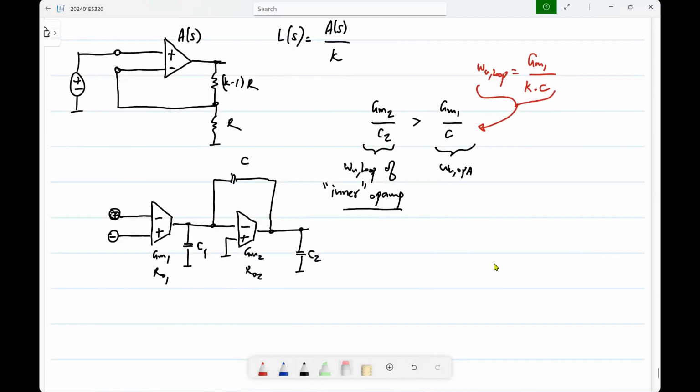What is a dominant pole system? Basically the loop gain has a predominantly first order behavior before the unity loop gain frequency. That's what is meant by a dominant pole system, right? You just have one pole before the unity loop gain frequency and all the other non-dominant poles and zeros happen afterwards. So before the unity loop gain frequency, you only see a 20 dB per decade slope.